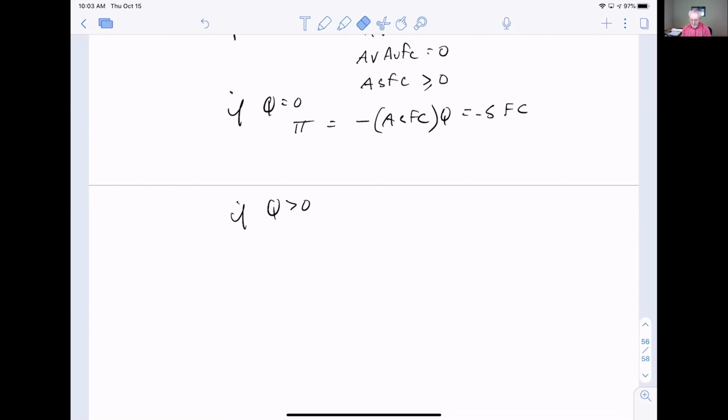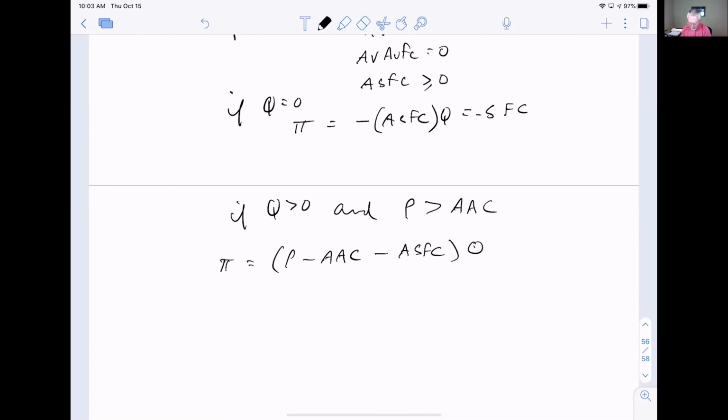Now, if the firm is operating, and let me put an and in here, P is greater than average avoidable costs, then profits here are going to be equal to P minus average avoidable costs minus average sunk fixed costs times Q. And let me put this into two parts here.